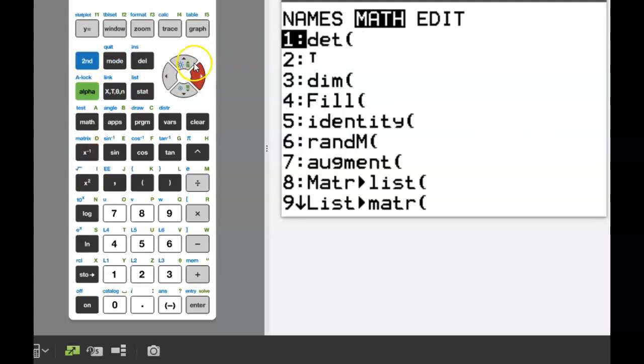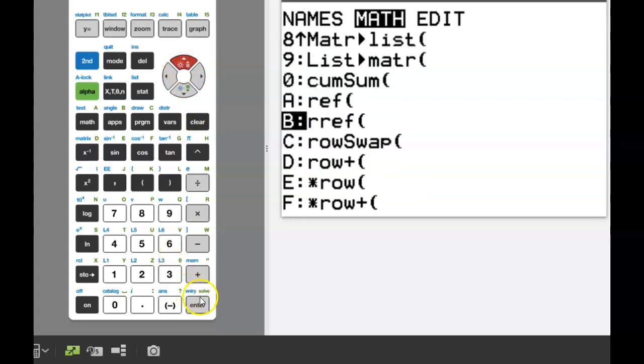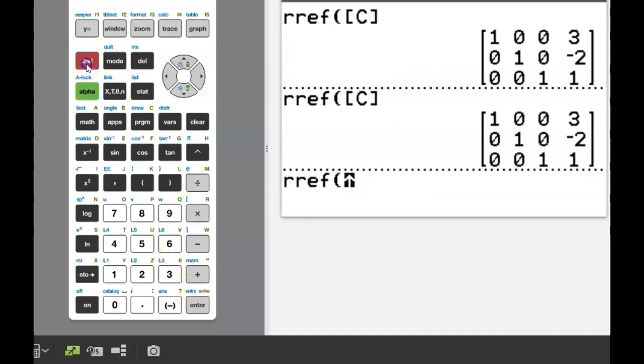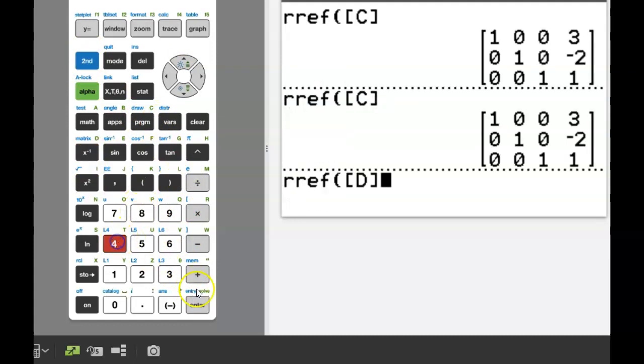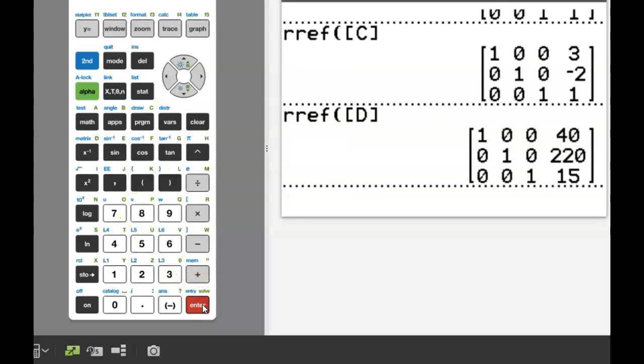I put mine in wrong, so I've got to do this all over again. Anybody not getting that? If you get crazy decimals, it's probably because you put in something wrong in your matrix.